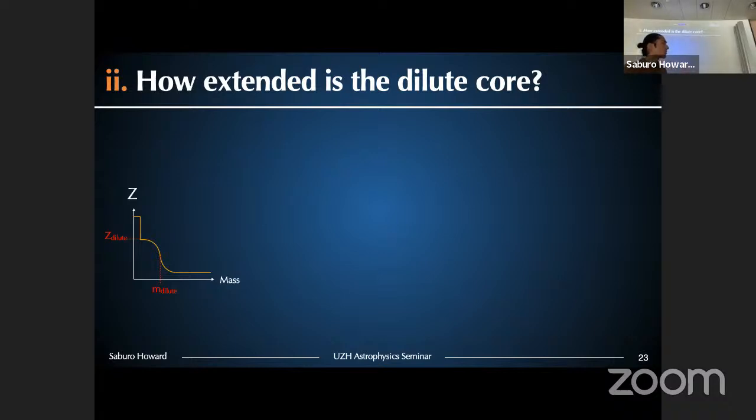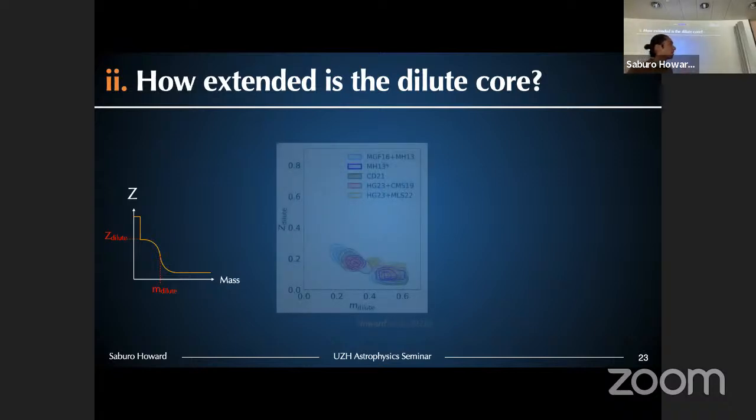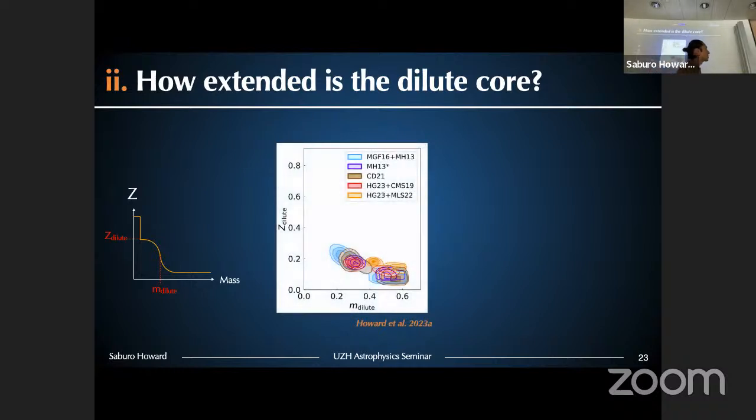So again, we run the MCMC using different equations of state. And now we find a variety of solutions with more or less extended dilute cores. And if you remember, at the beginning of the presentation I told you that there were still some tensions between interior models and evolution models.